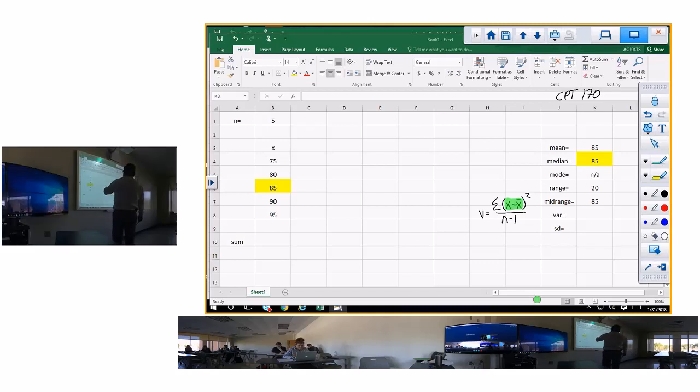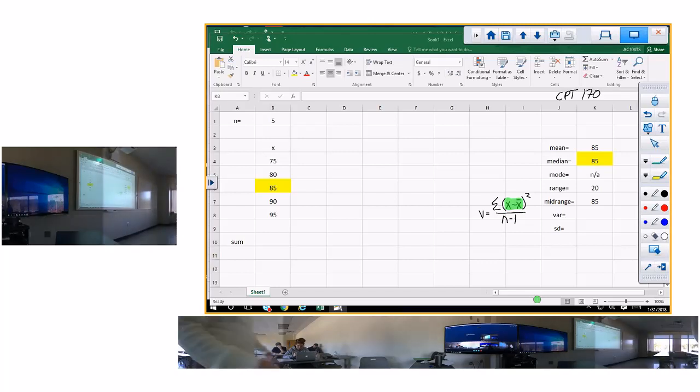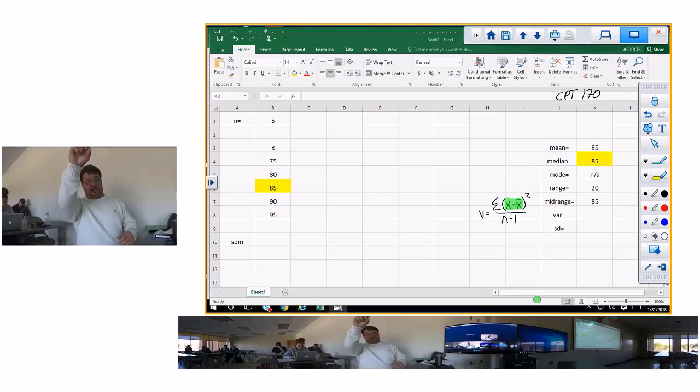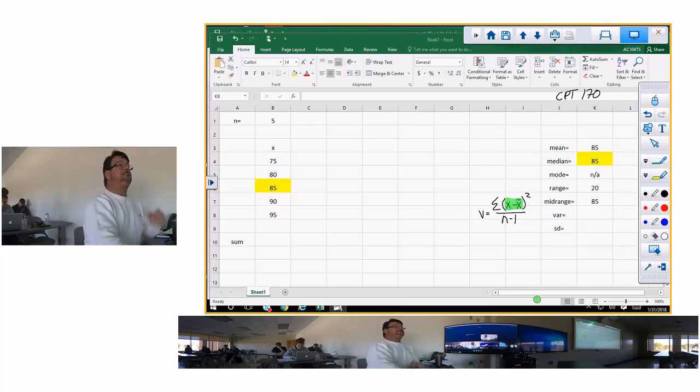I told you that these were x's and that the mean is x bar. So I'm going to subtract the mean from each one. You would go to your next column and draw a column right beside your x's, and you would name it x minus x bar.